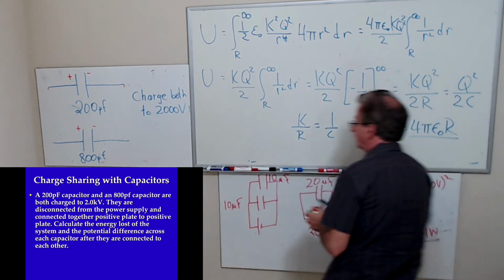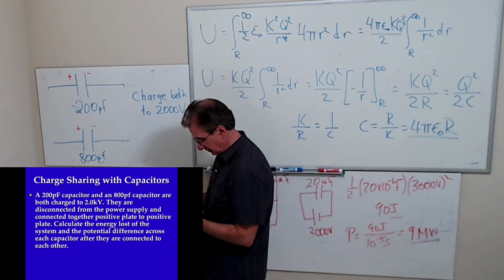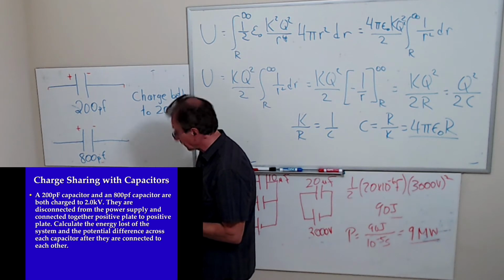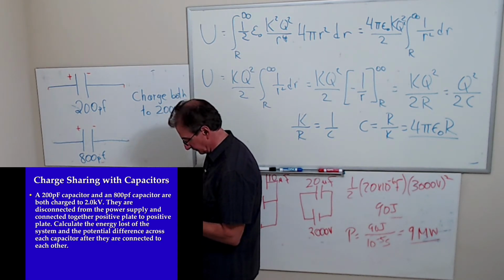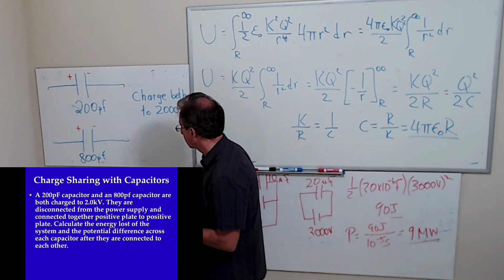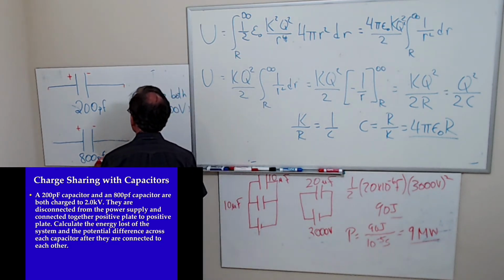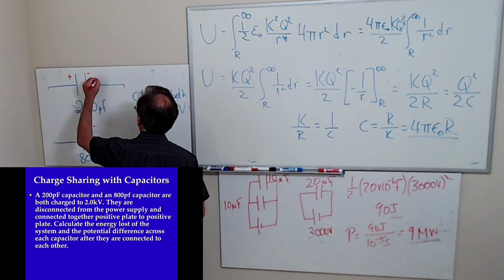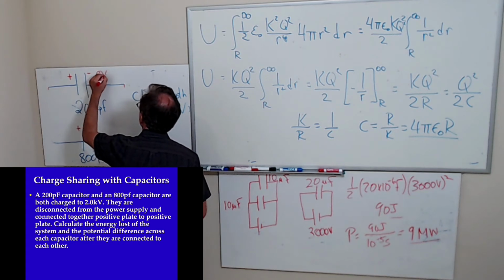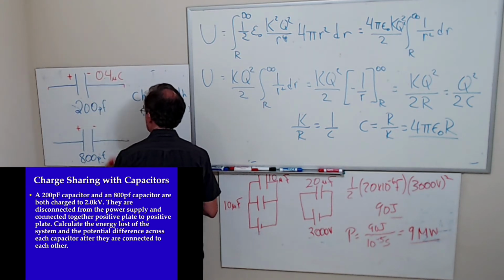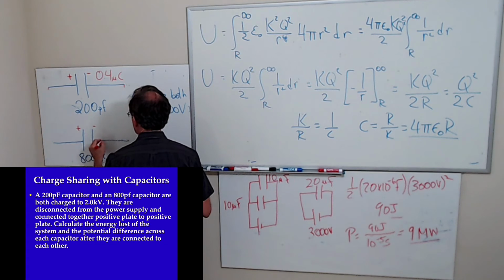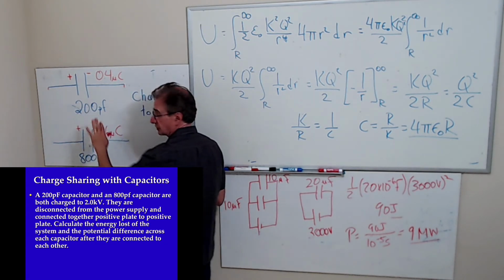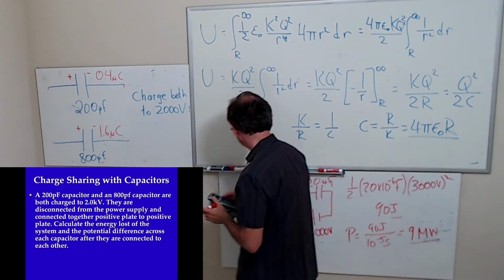If I do that in my calculator, 200 times 10 to the minus 12 times 2,000, this one is going to be 0.4 microcoulombs. And this one will be 1.6 microcoulombs. The total charge is going to be 2 microcoulombs.